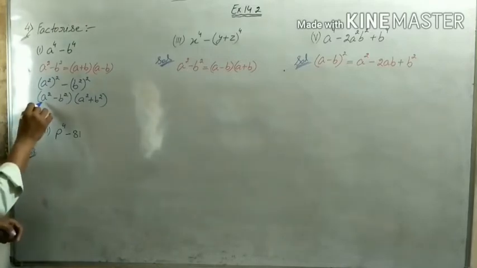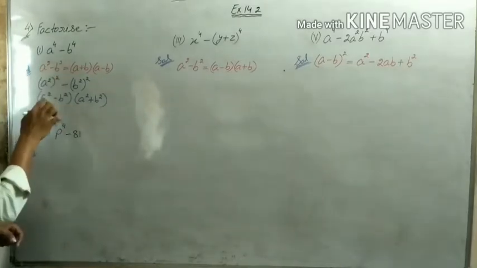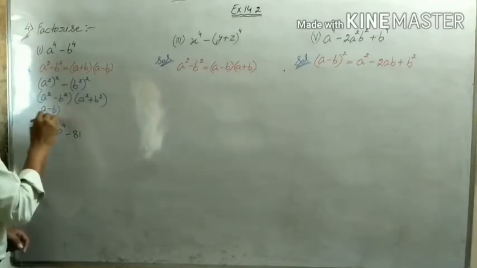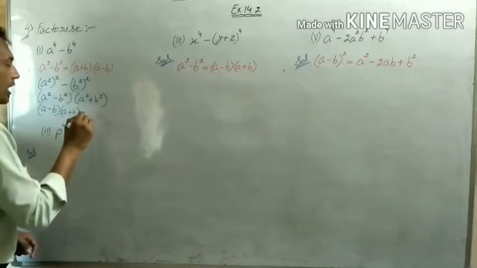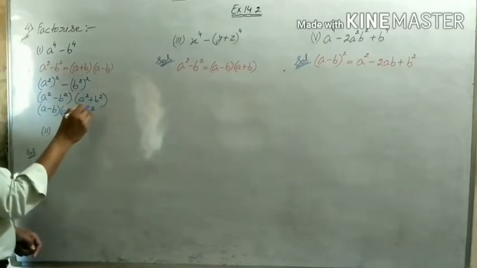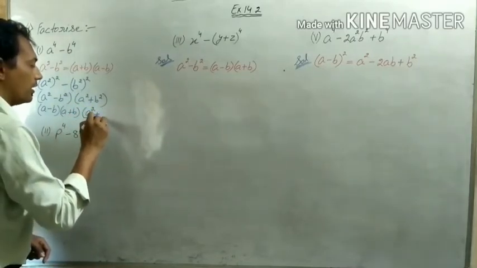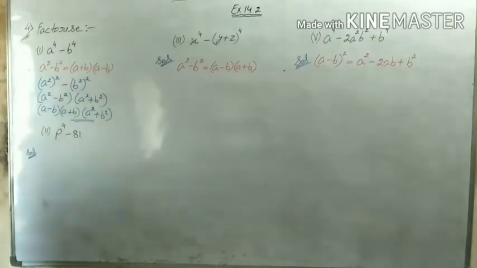Again we can simplify this one. We can again apply the same identity here. So we have a minus b into a plus b, and the other one we have to write as it is because there is no formula having a plus sign in between. So a square plus b square. So this is your factorization.